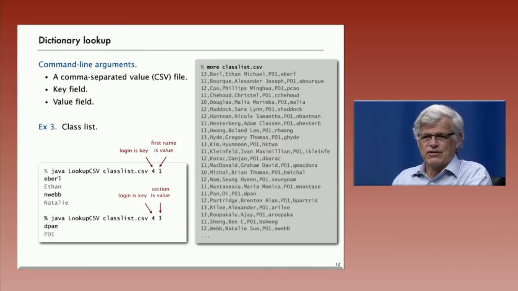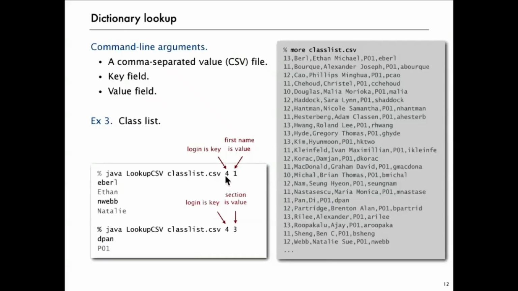So here's still another example that we might use for a class list, which has the person's year of graduation, last name, first name, precept name, and login name. In the first call over here, we might use the login name as the key and the first name as the value.